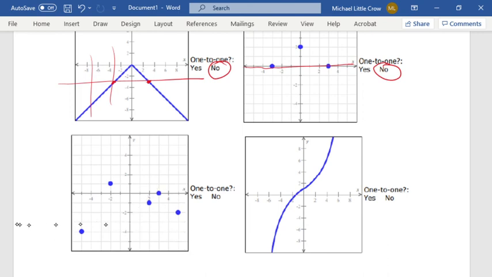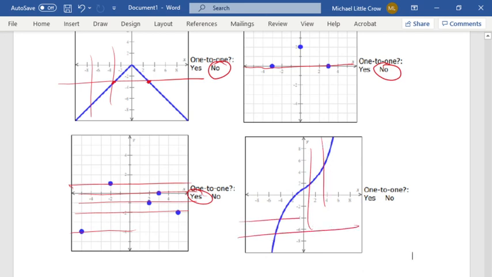Horizontal line test, yes, each horizontal line, I get them mixed up, I apologize folks, so that's why I draw them. So this is 1-to-1. And this one also, it's a cubic, and yes, it passes the vertical and horizontal line tests, each horizontal line only goes through one place, so that is 1-to-1. Thanks.